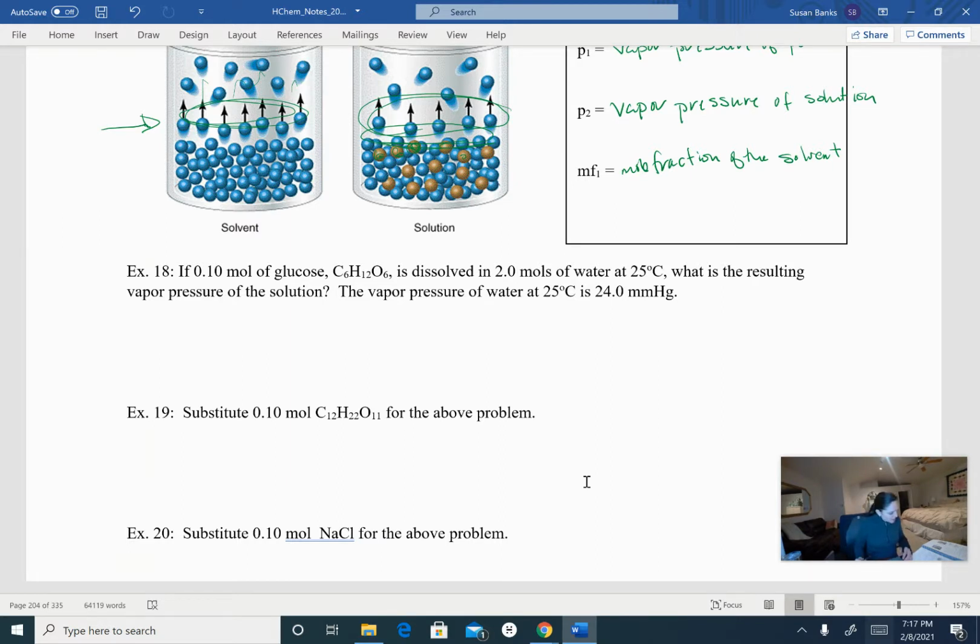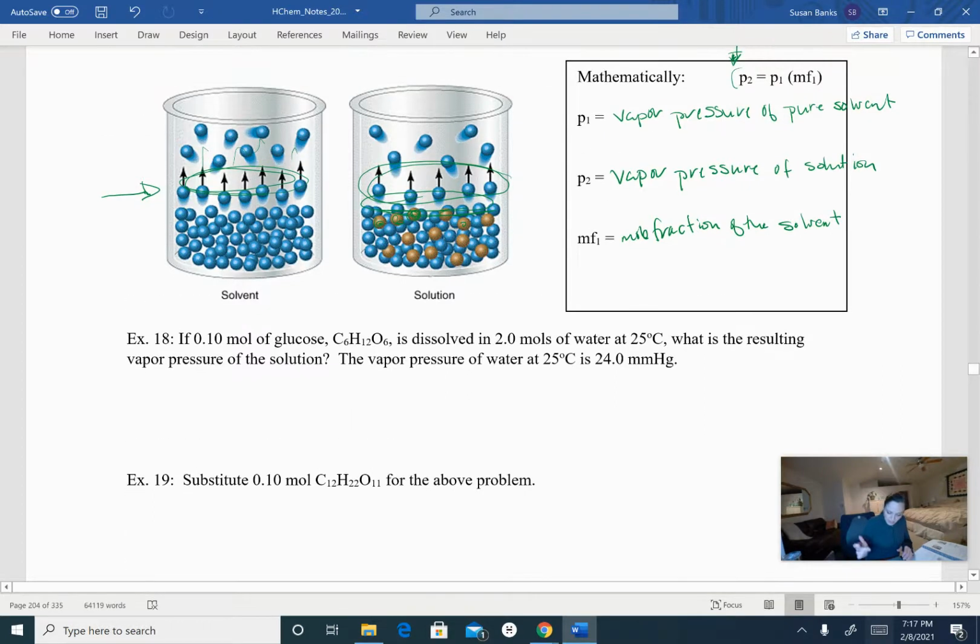So if I look at this formula, I need to find, first of all, what my mole fraction is. My pressure of my pure solvent is already given to me.